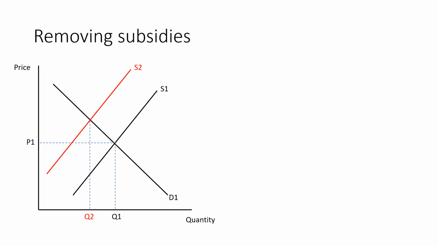The decrease in supply will also cause the market equilibrium price to increase from P1 to P2. So in essence then, what removing subsidies does is that it decreases the equilibrium quantity and increases the equilibrium price. That's what happens when you remove subsidies.